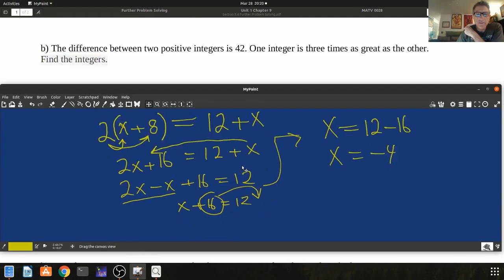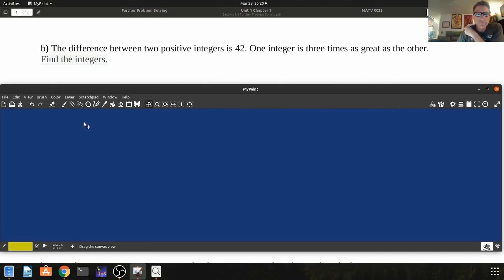So in this case, the difference between two positive integers is 42. So if I let x be my larger integer and y be my smaller of the two, so say x is the larger.